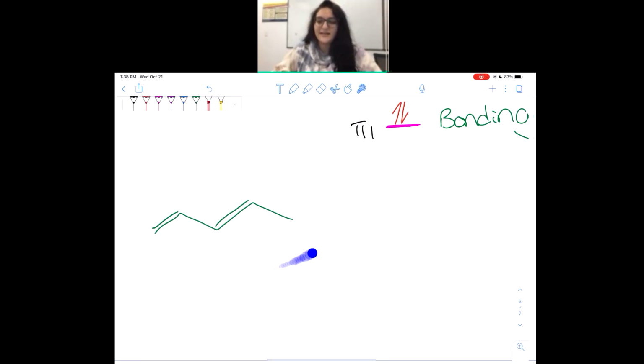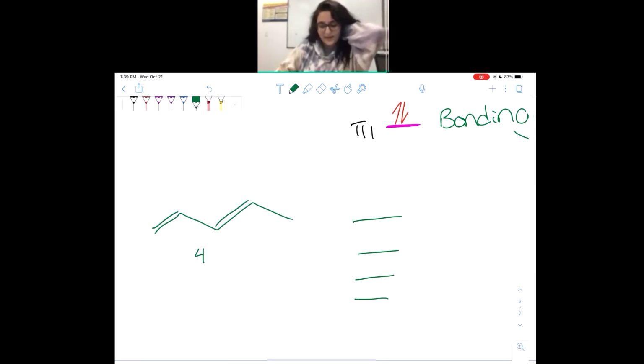So this actually would be exactly the same as the butadiene because this carbon might as well not be there, because it's not like a cation or an anion or anything. So this would still have 4 energy levels, and it would have 4 pi electrons, and it would still kind of go like that.